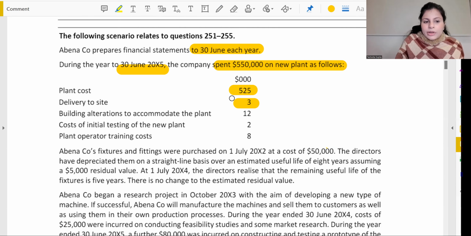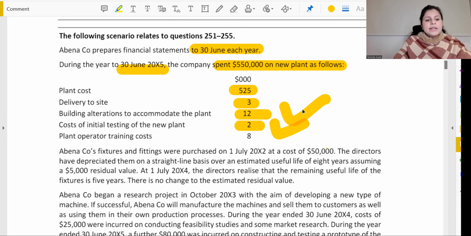It's a directly attributable cost. Building alterations to accommodate the plant. Are they capitalized? Do you capitalize this? Yes, you do capitalize it. Cost of initial testing of new plant, you do capitalize it.